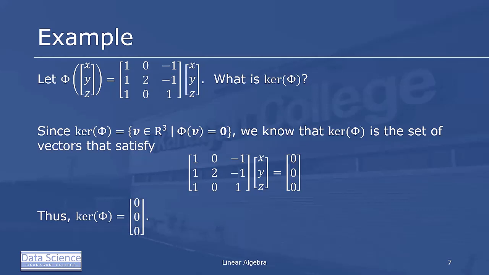So what we're looking to do essentially is solve the system of equations given by [1, 0, -1; 1, 2, -1; 1, 0, 1] times x, y, z equals 0, 0, 0. If you use Gaussian elimination, you'll find that that's actually just the 0 vector. The x, y, and z all have to be 0.